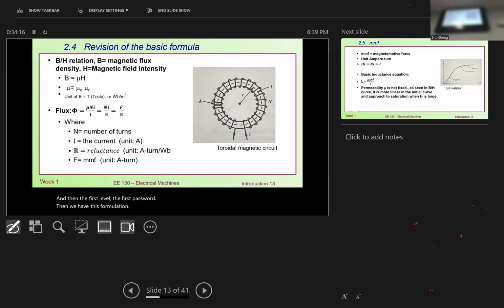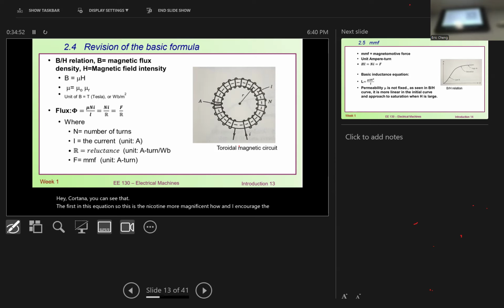Then mu N I is more like the input flux linkage, we call it, applied to the winding, and then per unit of the length. For instance, we apply some current into the winding, and then magnetic flux will go through this loop, right? The loop length we call it L. So in this case, we can see that the flux will look like this equation. So the input is N times current, the input.